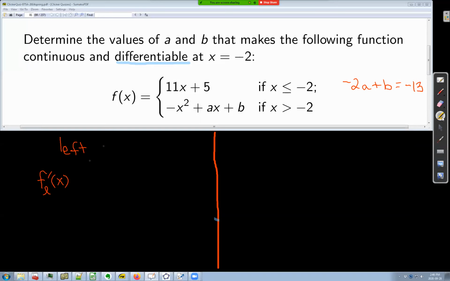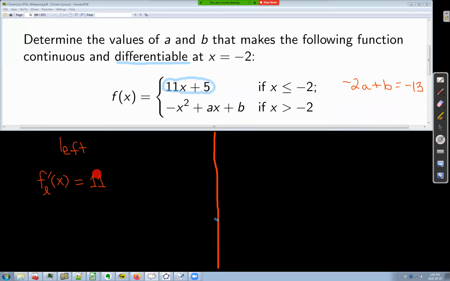If I'm looking at the left-hand part of the function, I'm going to look at this part. What's the derivative of that part? If you use the constant multiple rule and the constant rule, you can see that the derivative is just going to be 11, because the derivative of x is 1, and the derivative of the number 5 is 0. Another way to think about this is, remember, derivative is slope, and this is a straight line with slope 11.